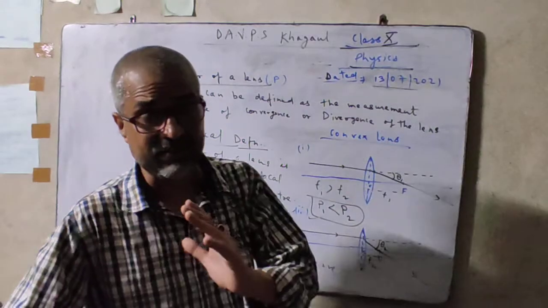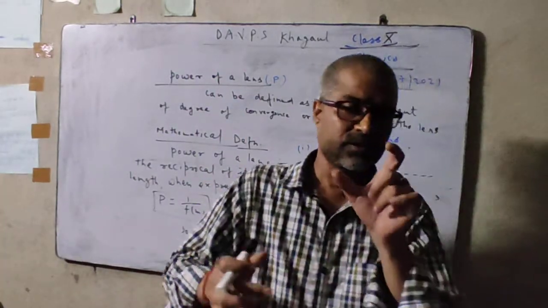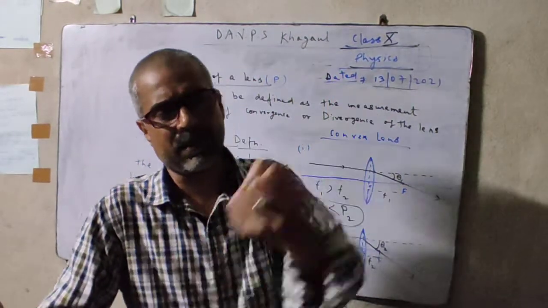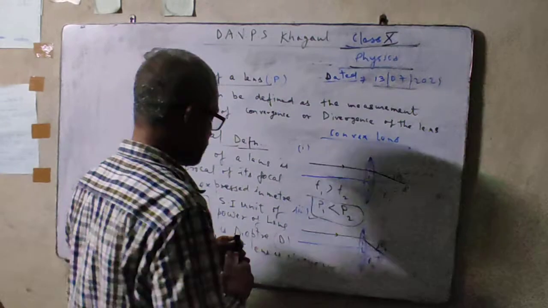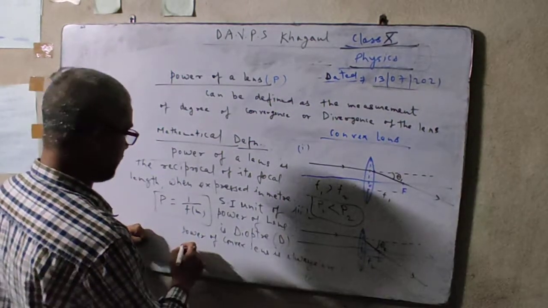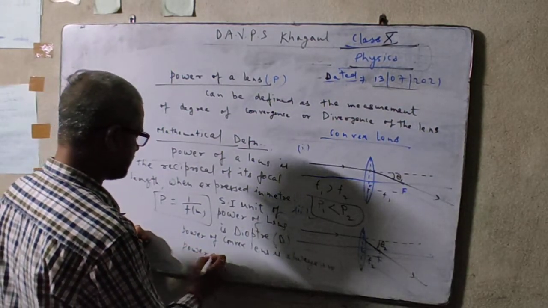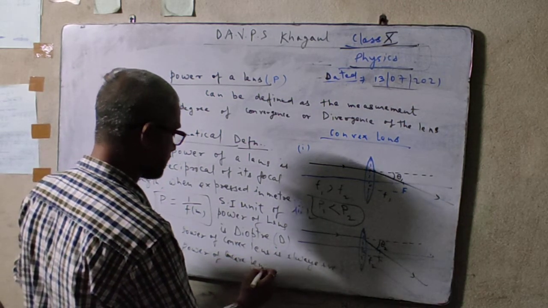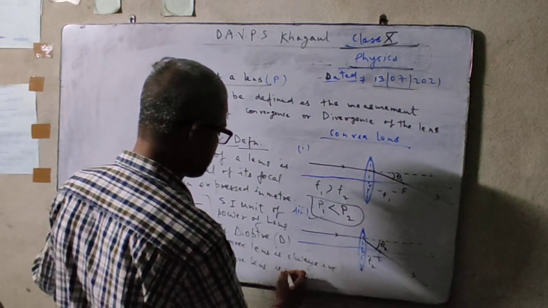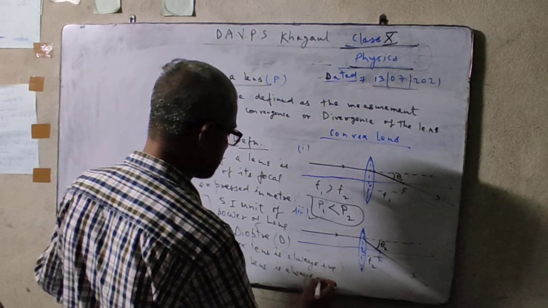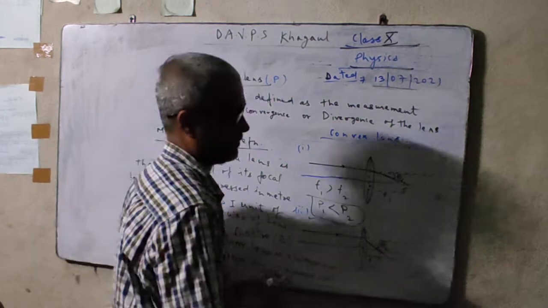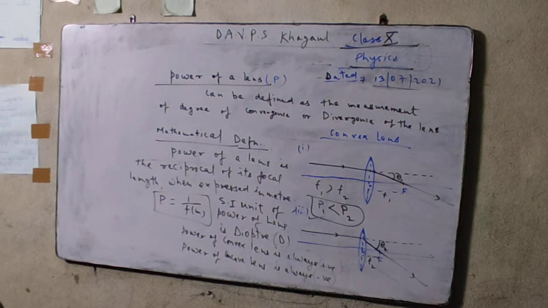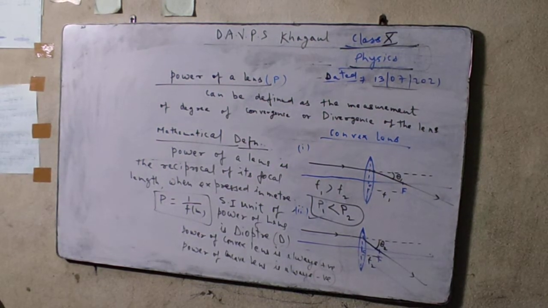But in concave lens, the focus point is in front, so you have to measure against the direction of incident light. So that will be taken negative. So these 2 points you should remember. Power of concave lens is always negative.